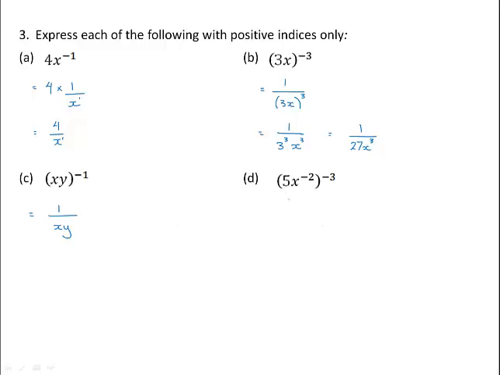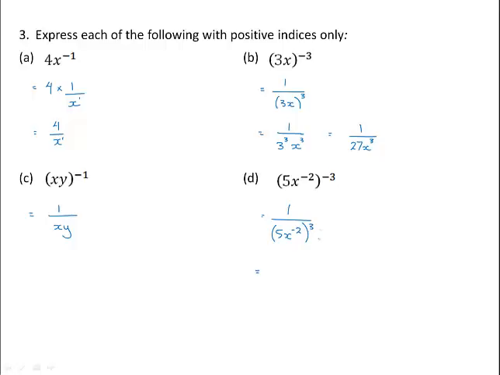And in this last example, there's a negative power inside the bracket as well. In this case, we have two options. One is to take the power of minus 3 into the bracket first, or make the power positive by writing everything as 1 over 5x to the minus 2 to the power 3.